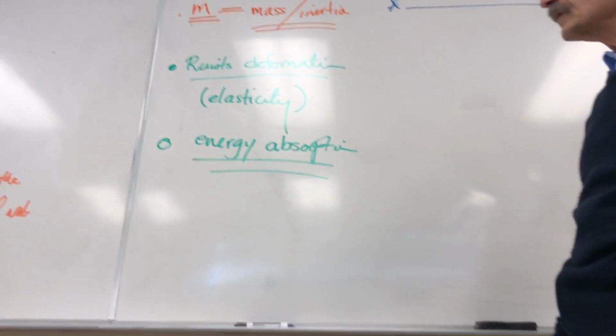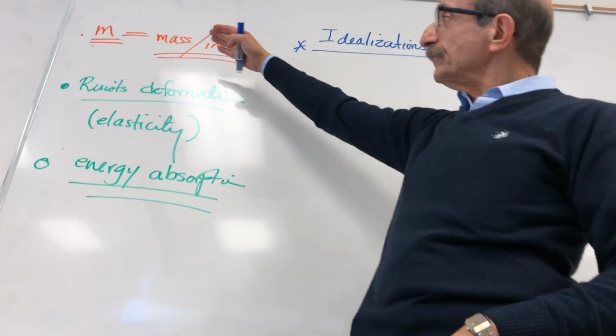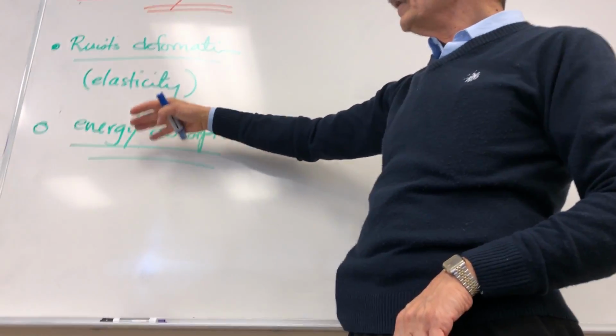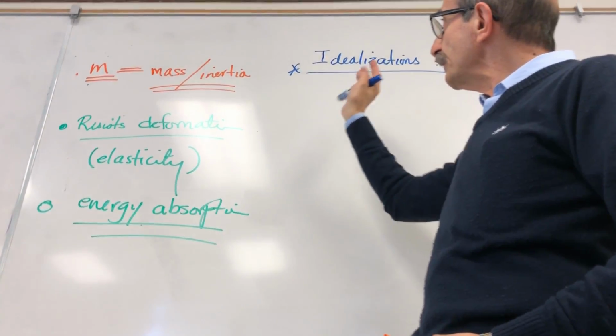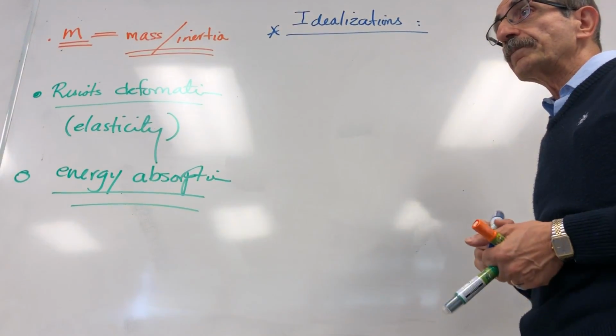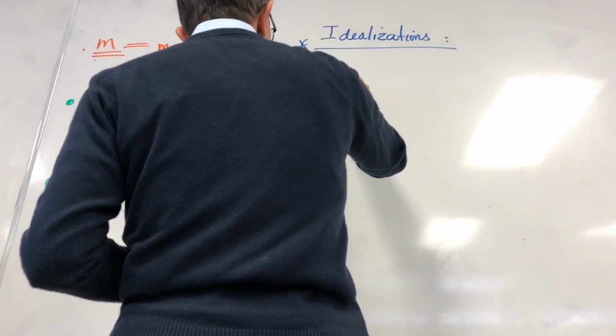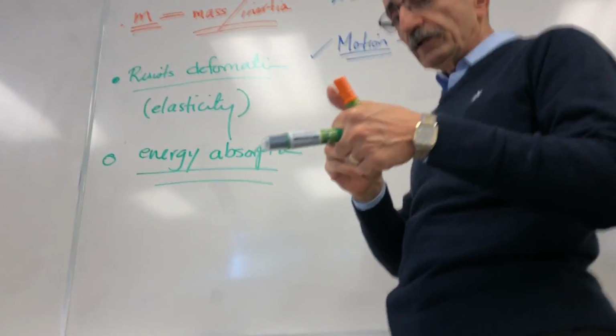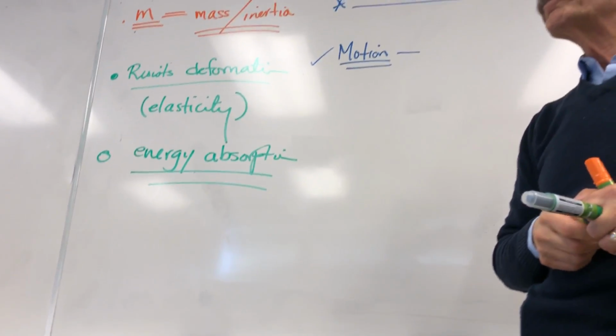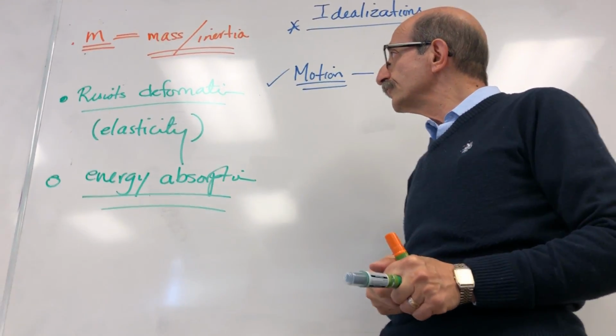Okay? So in order to really understand the system, mathematically model that, let's make some idealization. First of all, as far as the motion itself, we say the whole course is about motion, forces causing the motion of a physical system.